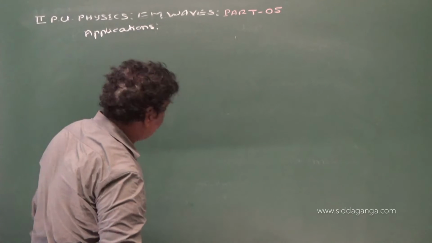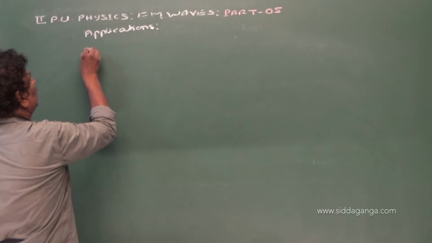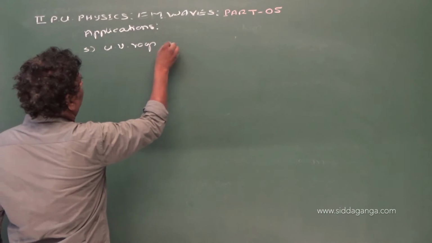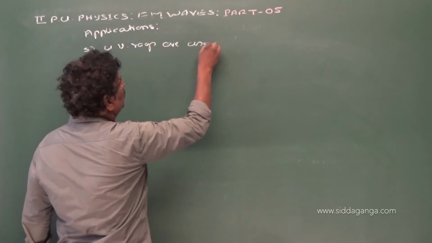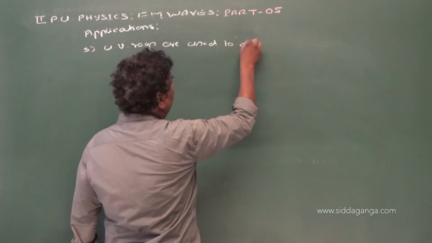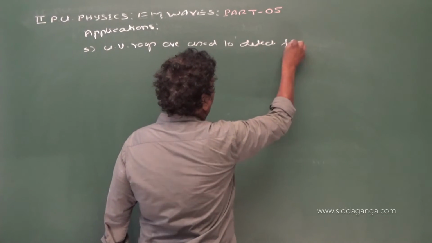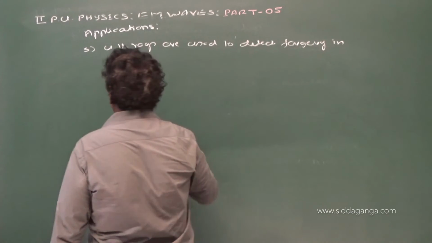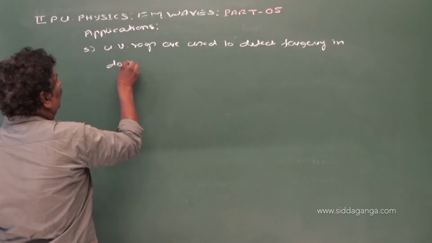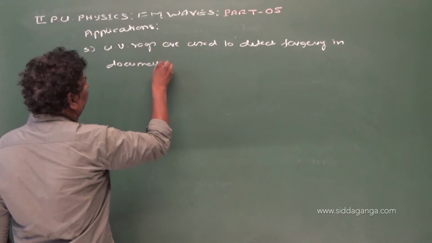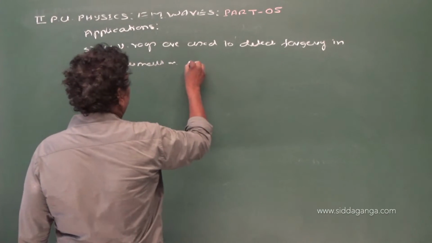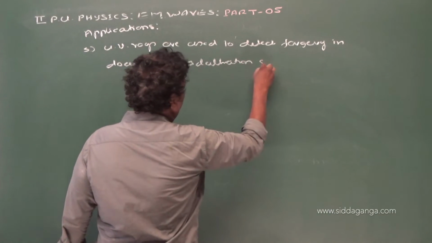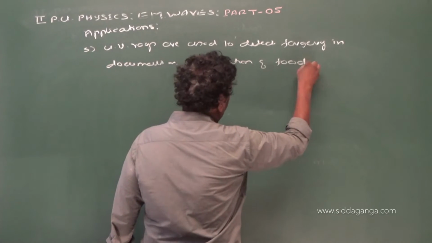Right. Fifth one. Ultraviolet radiations are used to detect forgery in documents and adulteration of food.